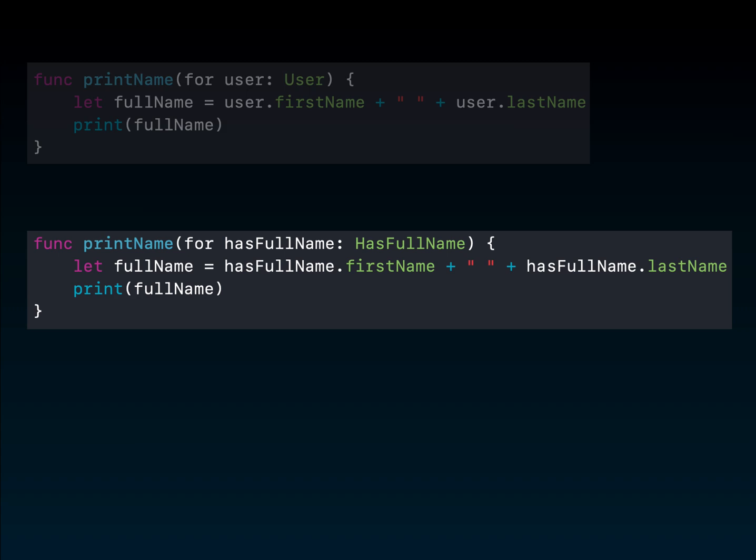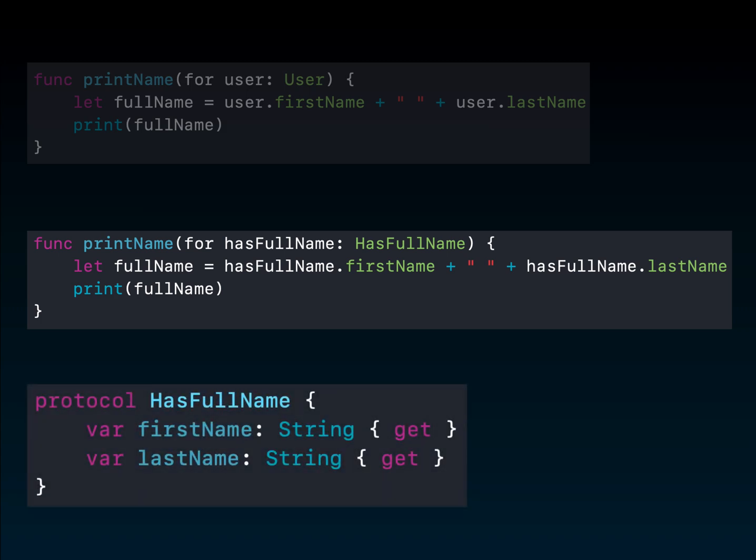So this could be anything as long as it adopts the HasFullName protocol, as long as it meets the requirements and declares that it conforms to it. You can pass that into this function. And the reason we can do that is because we have a guarantee. We're guaranteed that this first name and last name exists on whatever object we're passing into it. The compiler has guaranteed that for us. This is great.